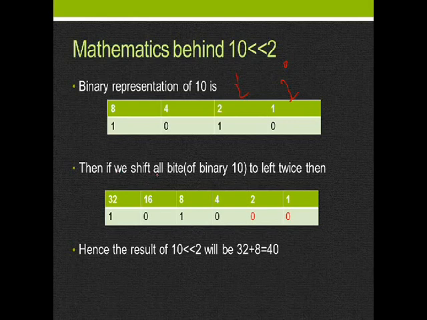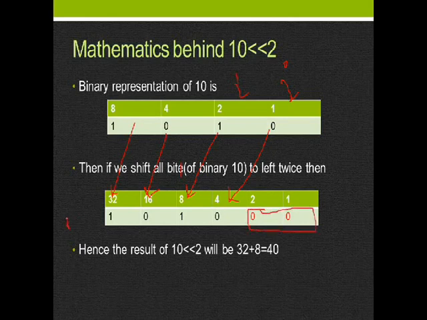If we shift all bits of binary 10 to the left twice, this digit goes to here, this digit goes to here, and finally this digit goes to here, and the rightmost positions are padded with zeros.